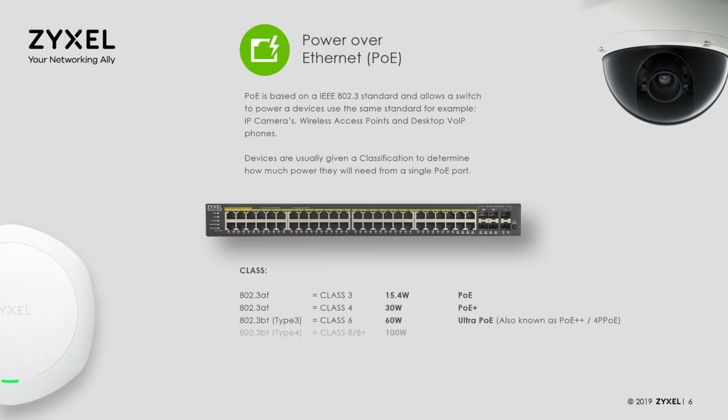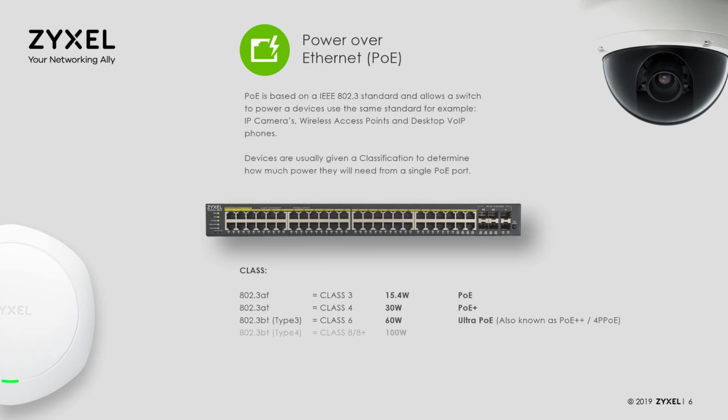The classifications which you will most commonly come across will be 802.3af, which is class 3, which refers to delivering 15.4 watts of power per port, so PoE is often how it's referred to. But you have to remember that the actual deliverable power to the device is 12.95 watts.